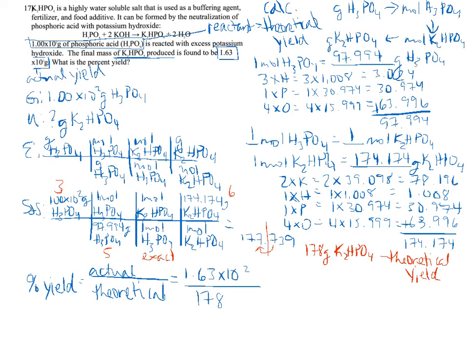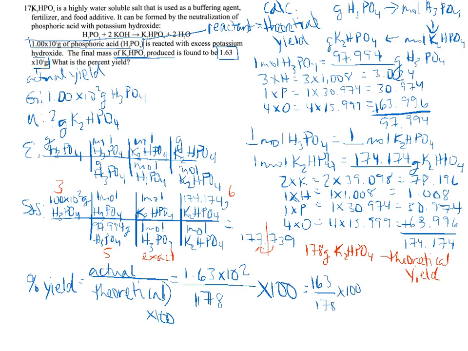Oh, I apologize. I messed up our equation here, and for some reason it's not letting me erase. Remember, you have to multiply by 100. So after you get this, you need to multiply by 100. So really what you've got is 163 over 178 times 100.